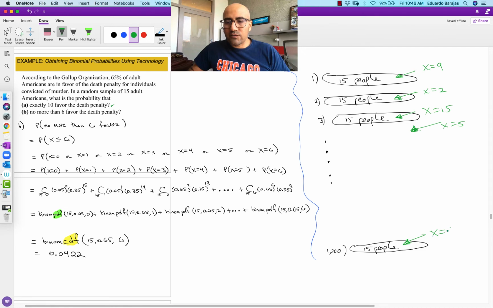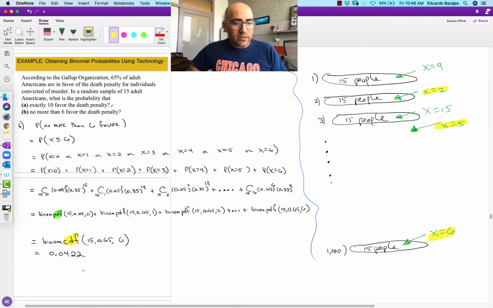Maybe in the very last group, 6 favor the death penalty. Now we do this for 1,000 groups, and then we come back and count in how many of those groups we see either 0 people favor, 2, 3, 4, 5, or 6. In just the numbers I invented here, we would see that there were 3 groups that did it.